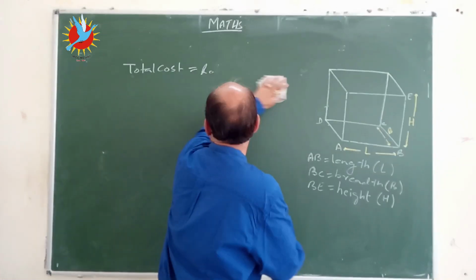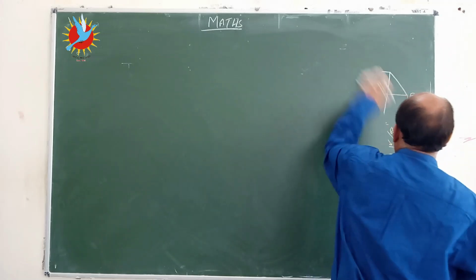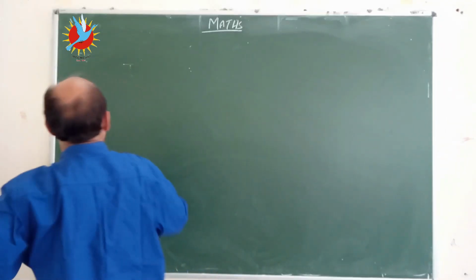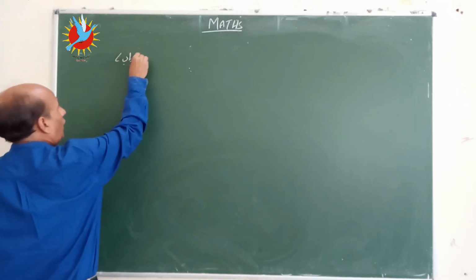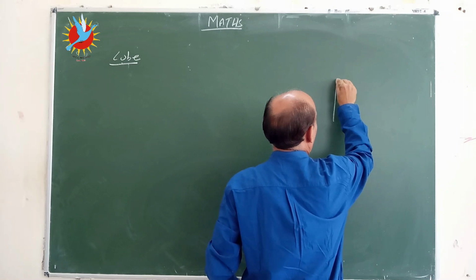Now these formulas are applicable in the cube, which is very simple, because we know that a cube is a figure whose all sides are equal.